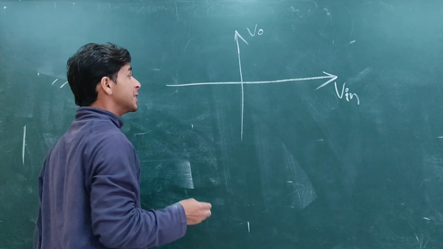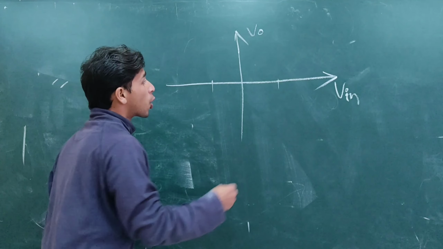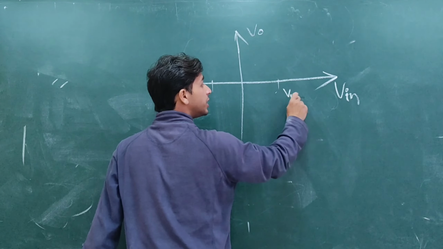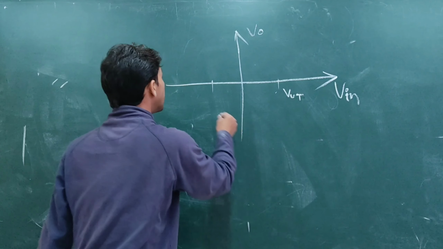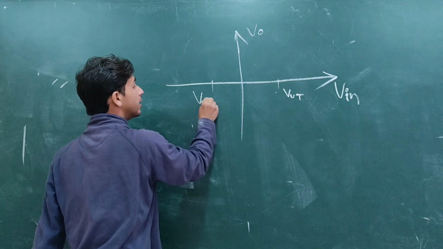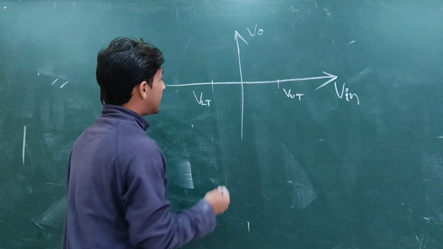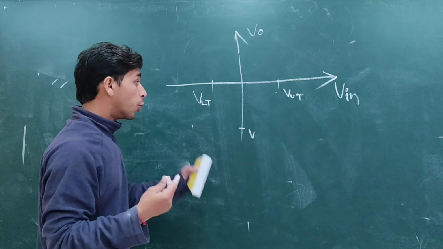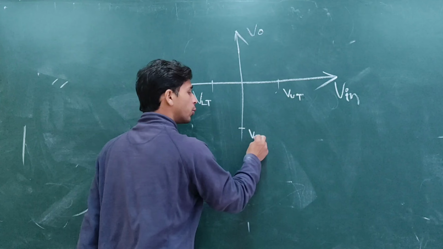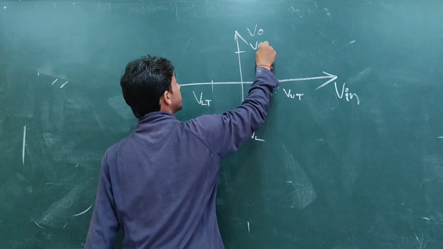As we have mentioned, there are some threshold voltages, called VUT, the upper threshold voltage, and VLT, the lower threshold voltage. Output low is denoted by VL, output high is denoted by VH.